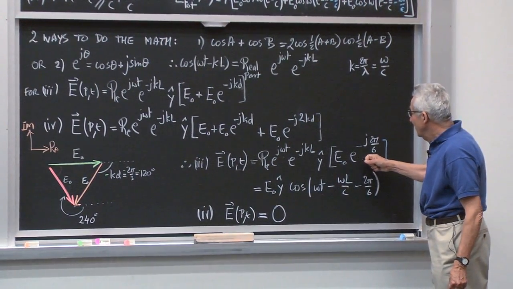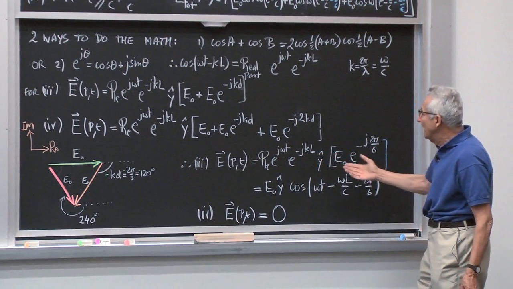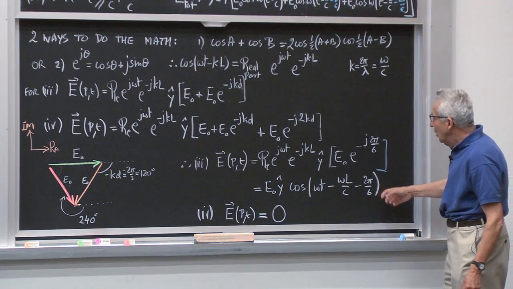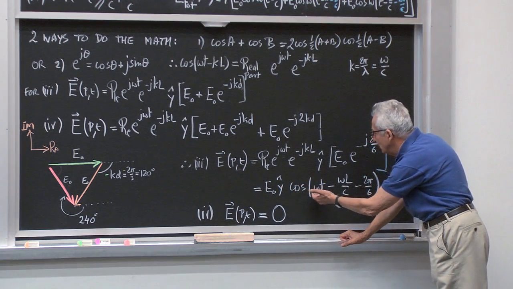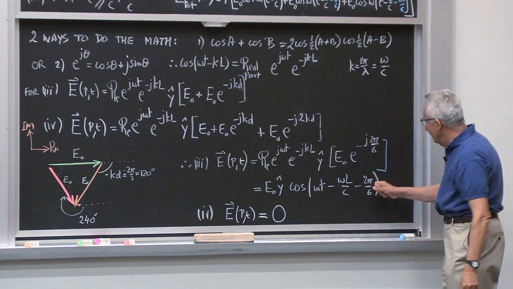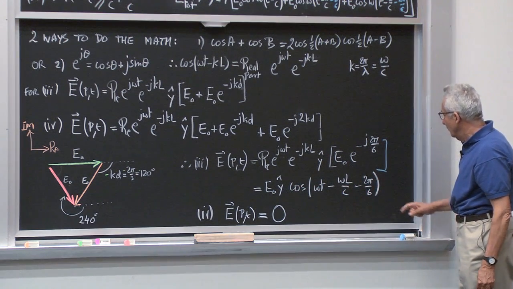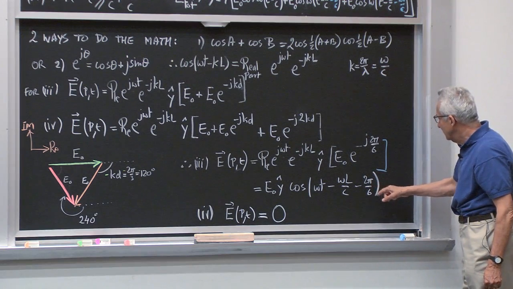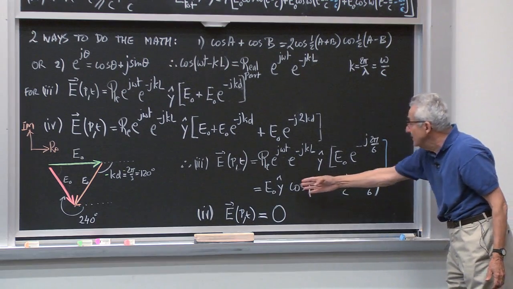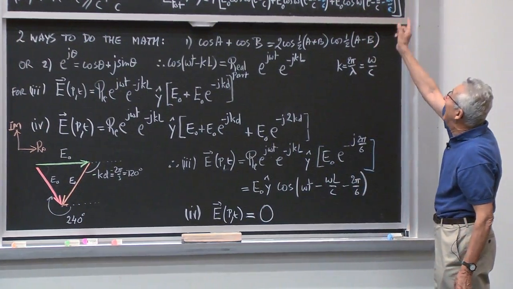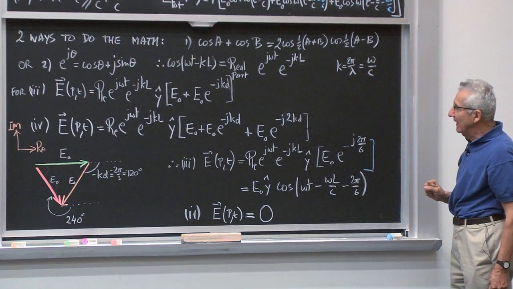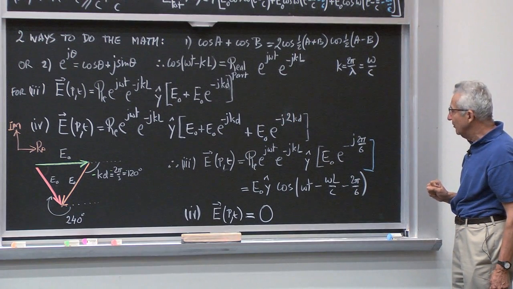And of course, I can now take the real part of this whole thing, and there is the answer: E0 in the y direction, cosine of omega t minus omega l over c, with a phase of minus 2 pi over 6, which is, of course, 60 degrees. Okay, so for the first one, this is the answer, and we didn't have to add any cosines. We just do the vector addition on the Argand diagram.